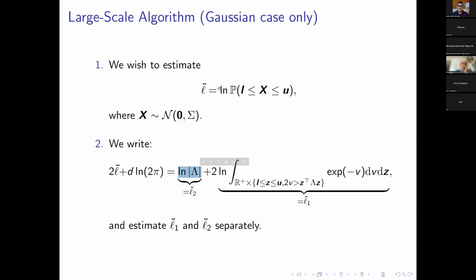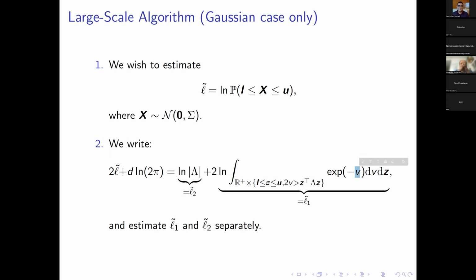Here we have a multivariate Gaussian, and the multivariate Gaussian has the determinant of the precision matrix. So when I take a log, I get the log determinant, and here this integral is such that when you integrate this auxiliary variable v, I will get a Gaussian.